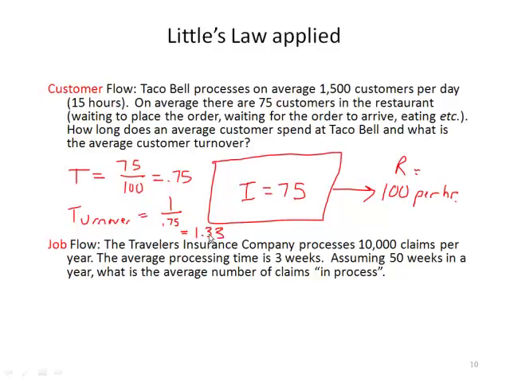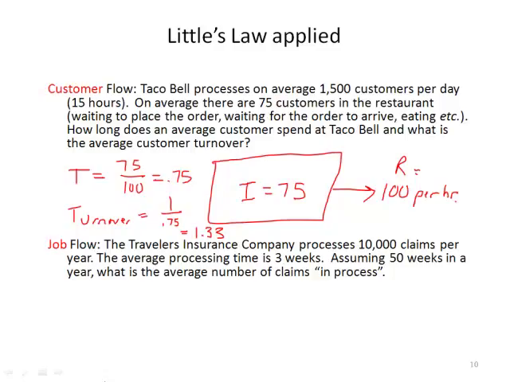Another way of looking at that is we go through the inventory roughly 1.33 times per hour. Okay? Now, why am I interested in that if I'm Taco Bell? Well, one thing I'd like to do is maybe support the same flow rate with fewer people in inventory. That means if I have fewer people in inventory, by definition, they're going to have to take less time in the system, and they're probably going to be happier customers.